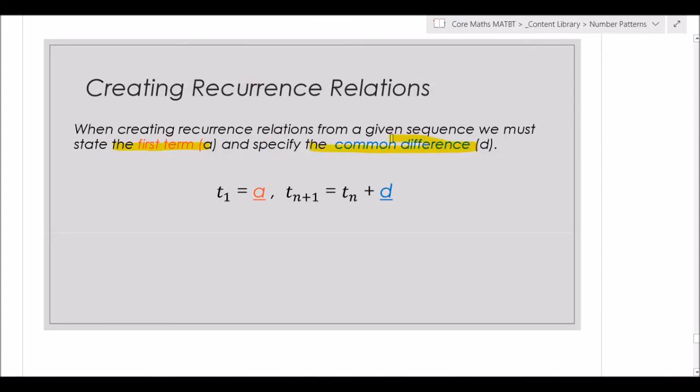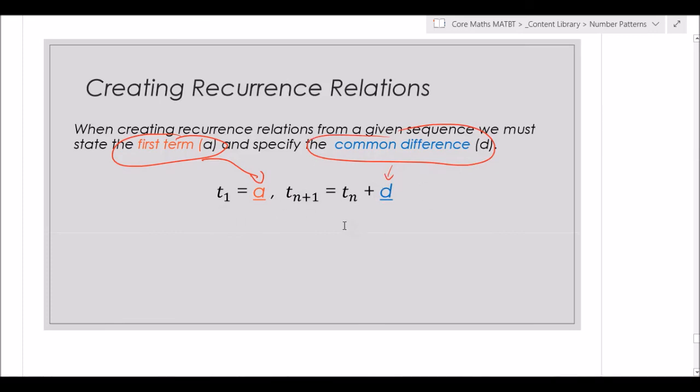Those are two things you need to write. Remember, your recurrence relation has two parts to the formula, or to the instruction. You've got the first term and then you've got the common difference. Those are the two parts of the recurrence relation, and it has to look like this.